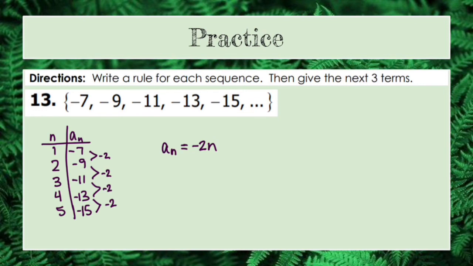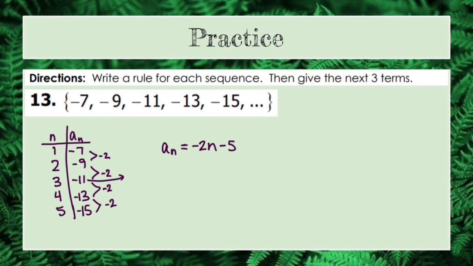So 1 times -2 would be -2. So we're trying to get 1 to equal -7. So we've got -2. To get from -2 to -7, we'd have to subtract 5.